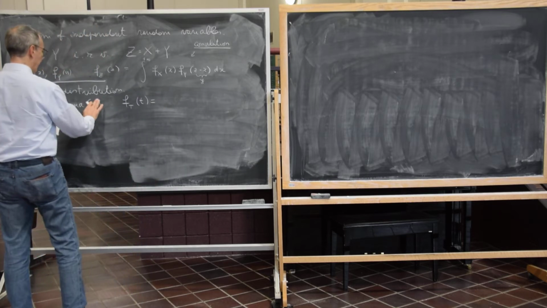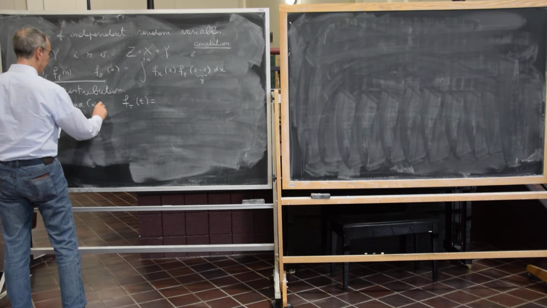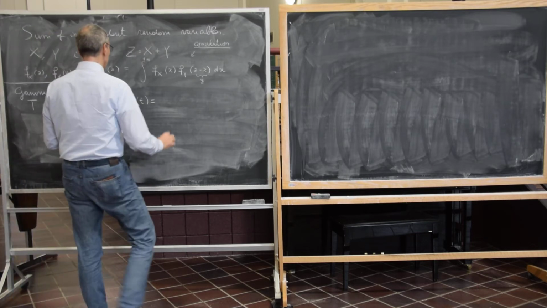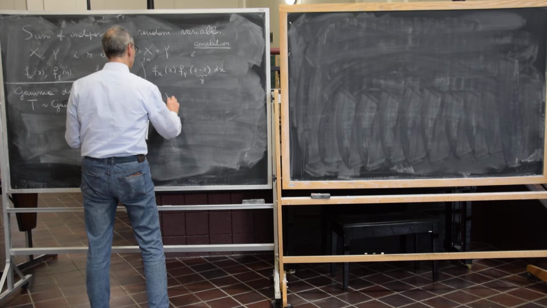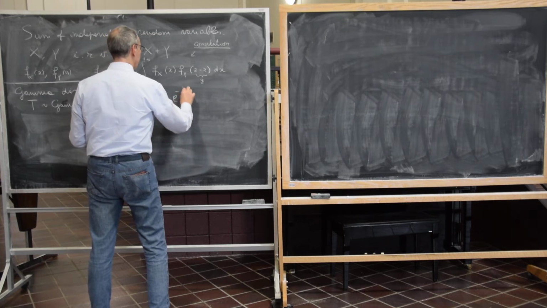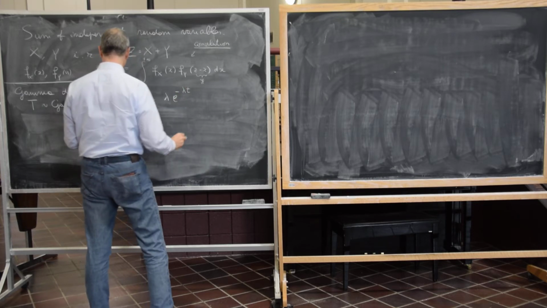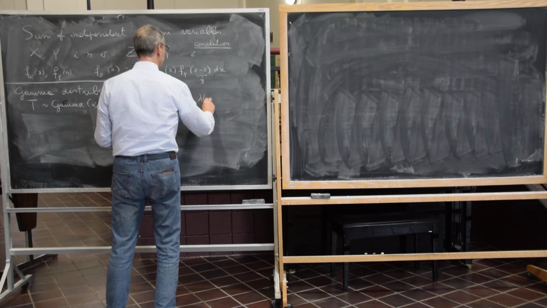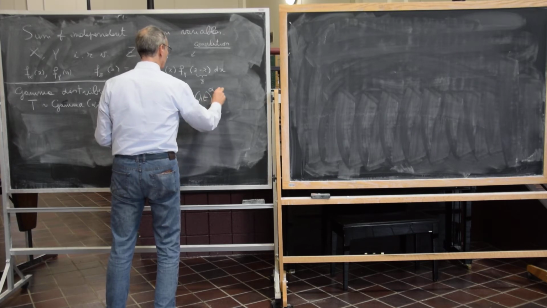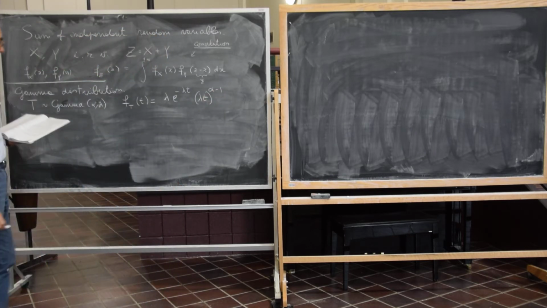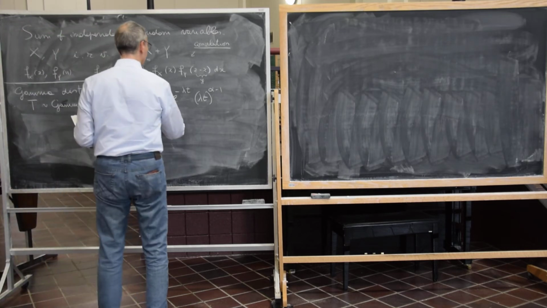Well, it depends on two parameters actually. It's alpha and lambda. It's lambda e to the minus lambda t times lambda t to the alpha minus 1. And then we will divide by gamma of alpha.